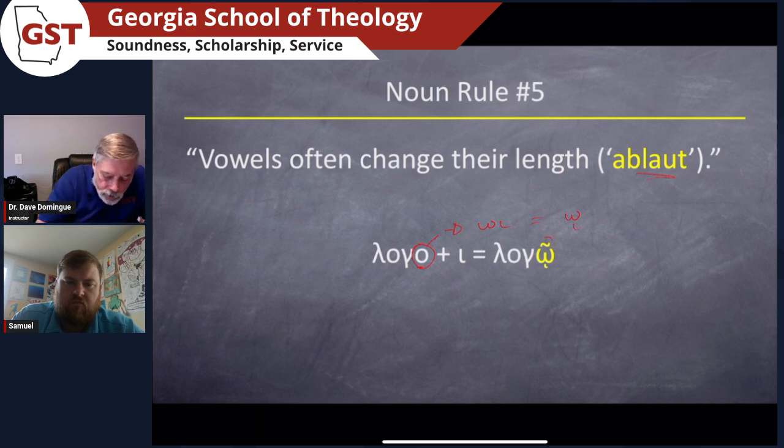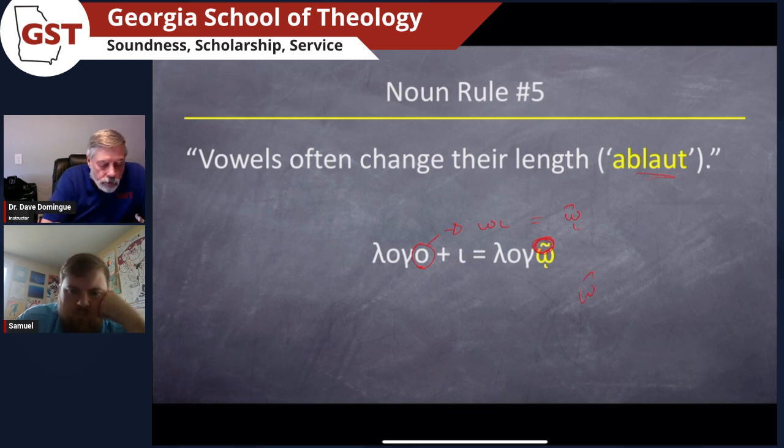Now, I want you to notice this circumflex. That's another key that says there's a change that occurred, because I normally wouldn't get a circumflex. Circumflex only goes on long vowels, and omega is a long vowel. But normally I would get a grave or acute accent mark.